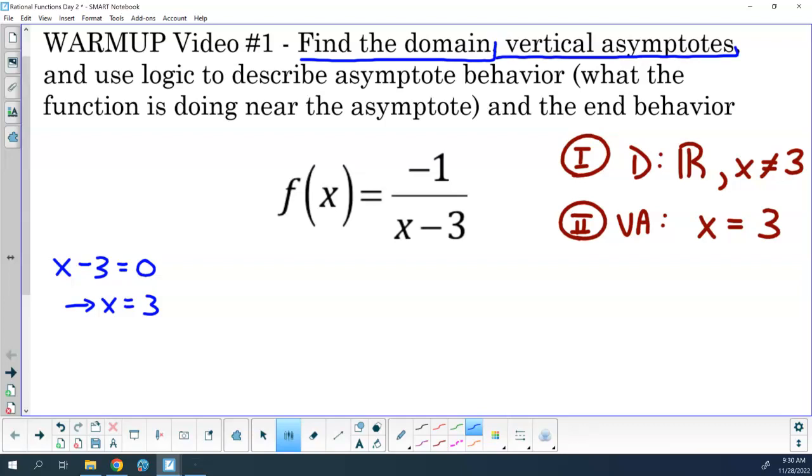Now we have to use logic to describe the asymptote behavior, what the function's doing at the asymptote. So that's going to be on either side of 3. My third one is asymptote behavior.